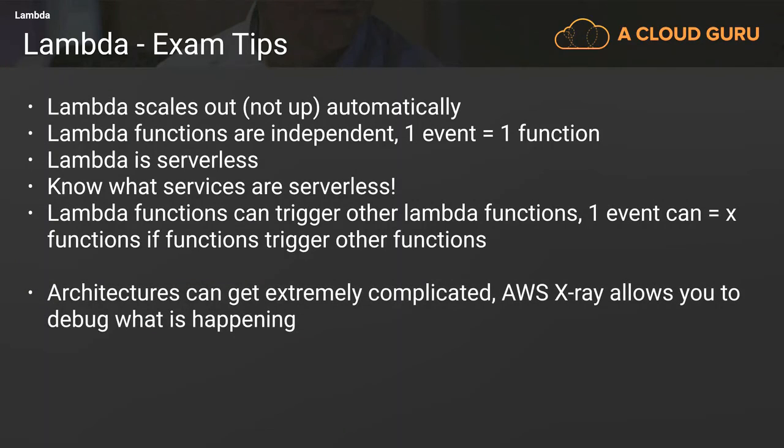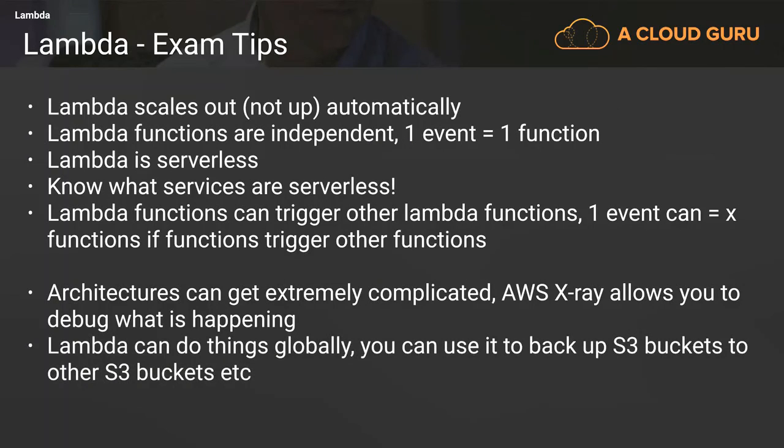Also remember that architectures get extremely complicated. So debugging this, I mean, if you're using API Gateway, S3, DynamoDB, using Lambda, you might be using cross-region replication. It can be a nightmare to debug when something's going wrong. For that reason, you've got the AWS X-Ray service, which allows you to debug what is happening.